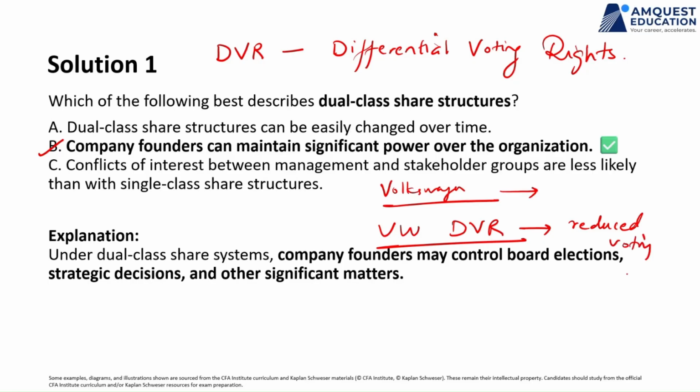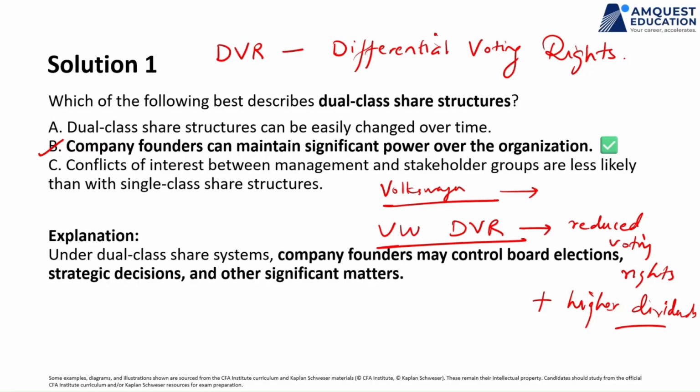And if I take away your voting rights, along with reduced voting rights, I offer you higher dividends. So if you buy a DVR share, your voting rights will be taken away from you, or you will be given lesser voting rights. But to compensate for these lesser voting rights, what a DVR share may typically do for you is offer you higher dividends.